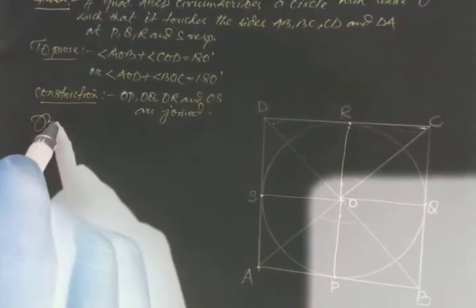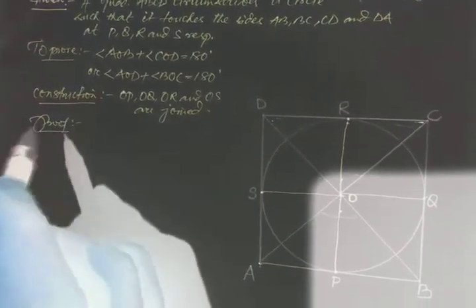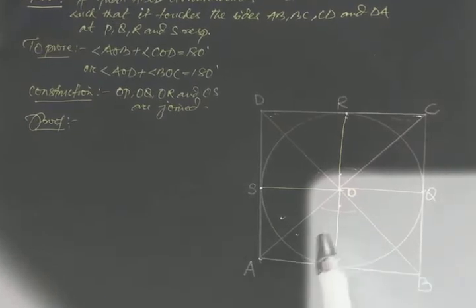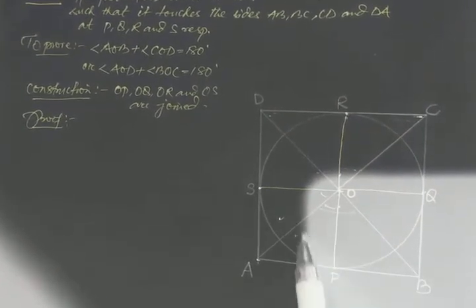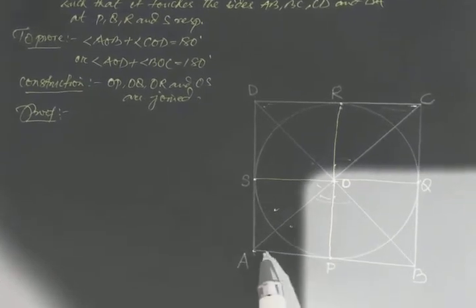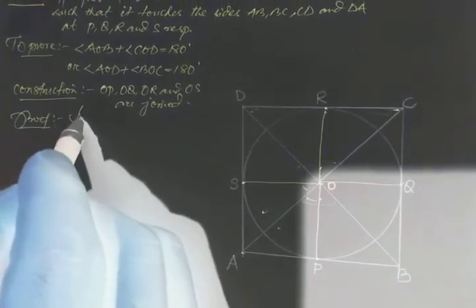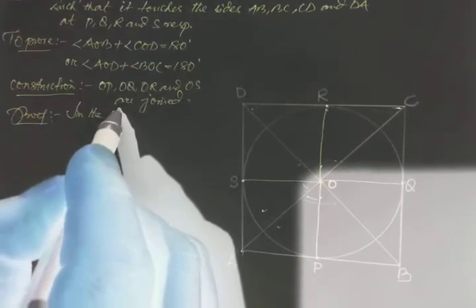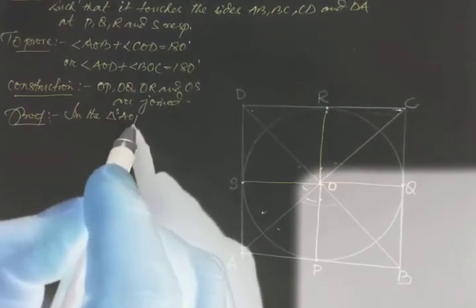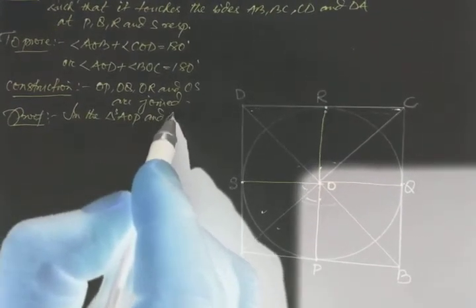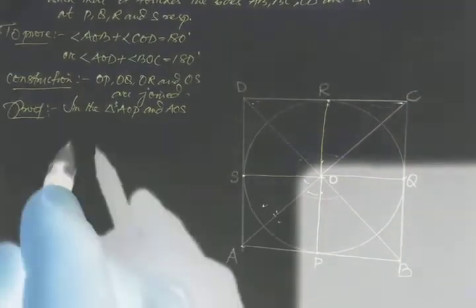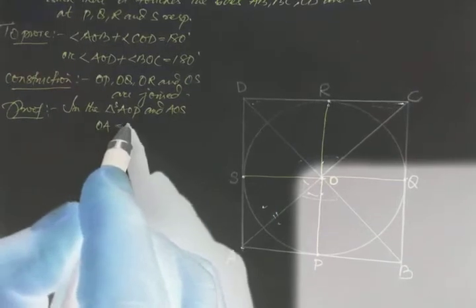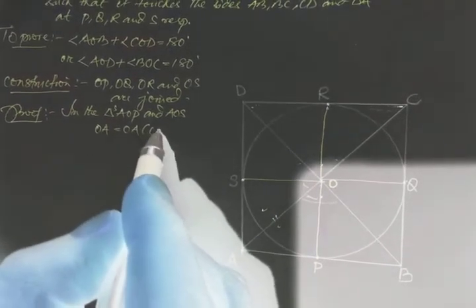Now proof. First, taking these two triangles, let us try to make these two angles equal, that is angle AOP and angle AOS, by taking the triangles AOP and AOS. In the triangles AOP and AOS, first OA equal to OA, a common side.